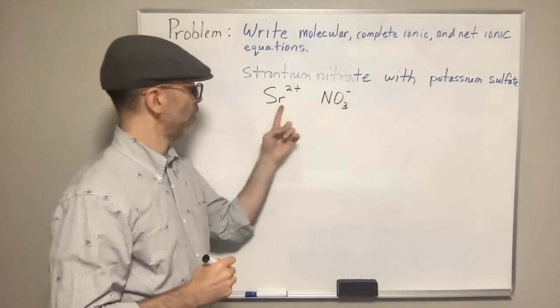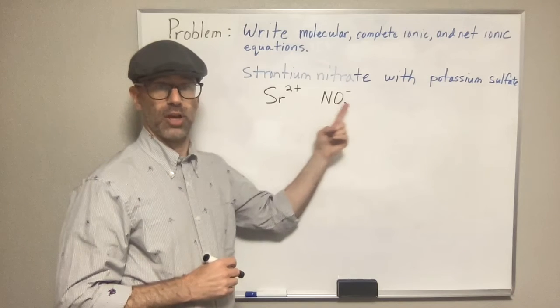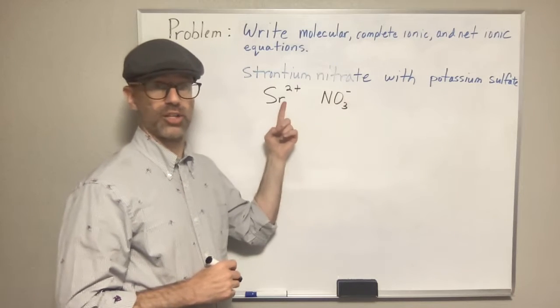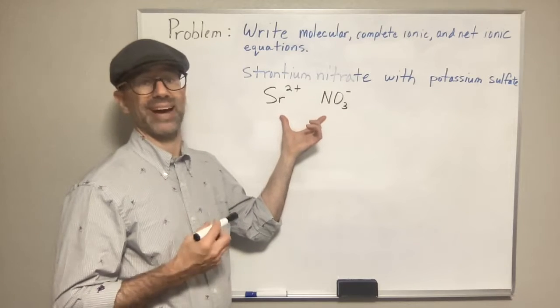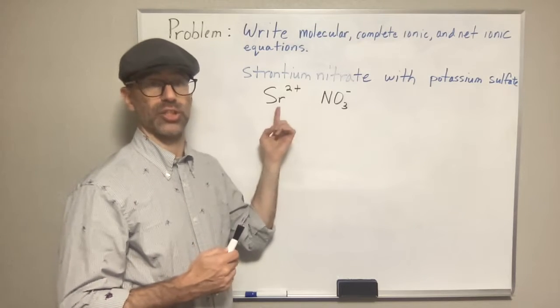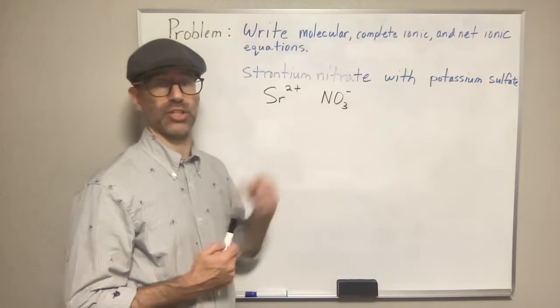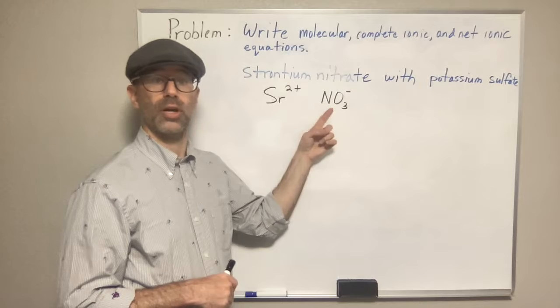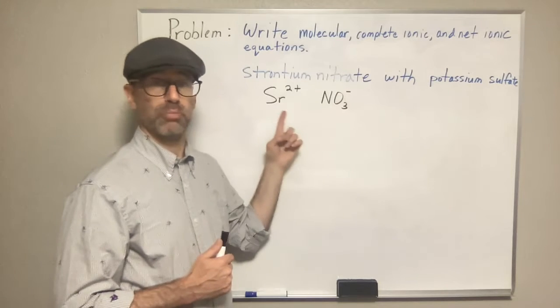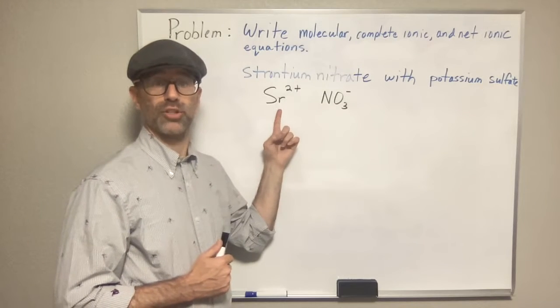Now that we have the 2 ions, we can see that we have a -1 charge and a 2+ charge. When you're writing the formula, the idea is that you have to balance the charges. The plus charge and the minus charge have to cancel each other out. So I need 2 nitrate ions to balance out the charge of strontium.